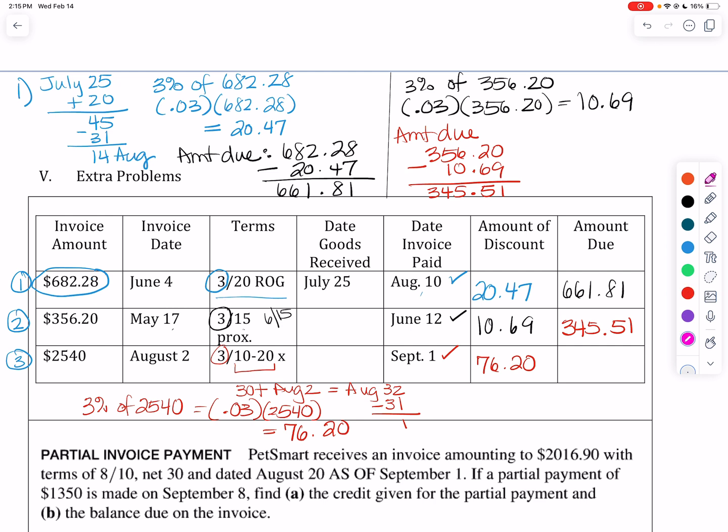Then the amount due is 2540 minus 76.20, which comes out to be $2,463.80. So again, the hard part about all this is knowing how to read that, and knowing where to apply the discount and whether the discount is actually going to be applied.